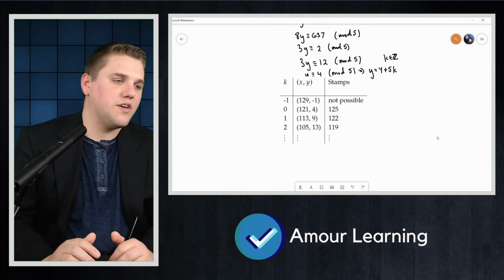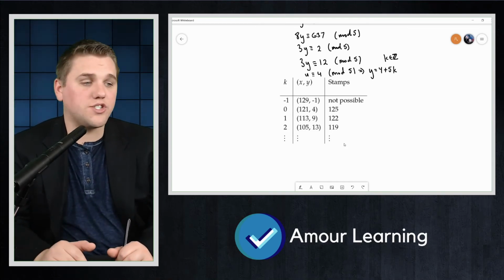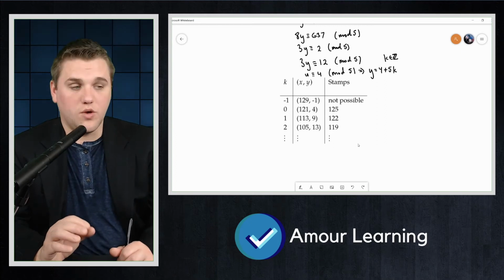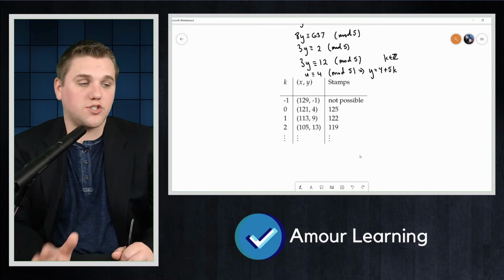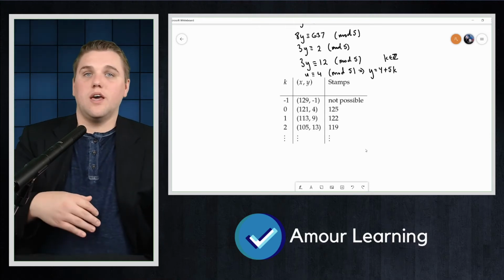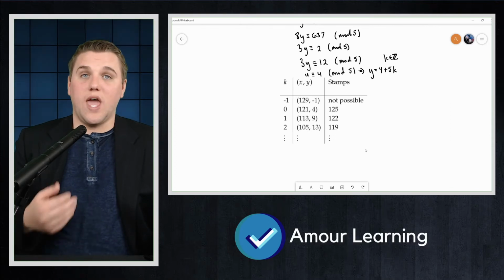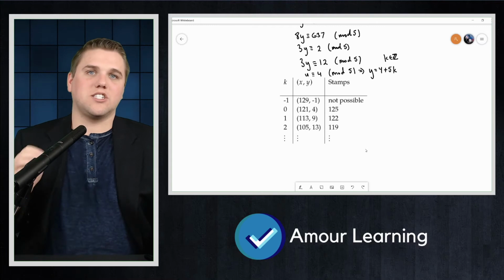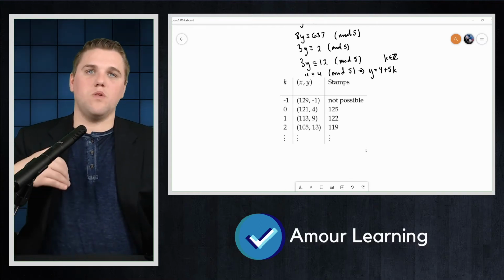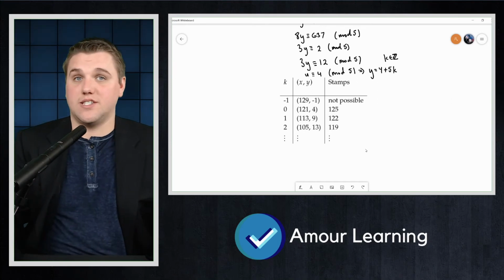You can't have negative 8-cent stamps. If k equals 0, we use 125 stamps. If k equals 1, we use 122 stamps. If k equals 2, we use 119 stamps. This is no surprise. Having the most stamps means we have as many 5-cent stamps as possible. And to get the smallest number of stamps would require that we have the least number of 5-cent stamps.